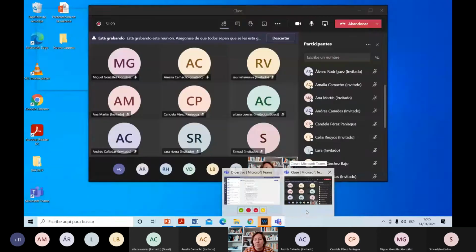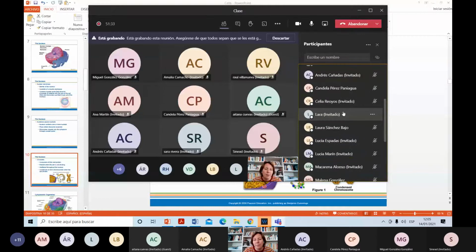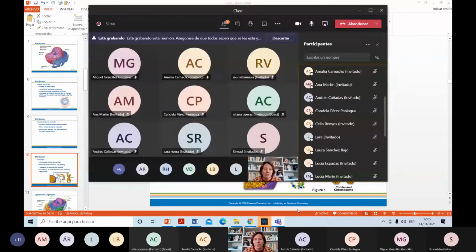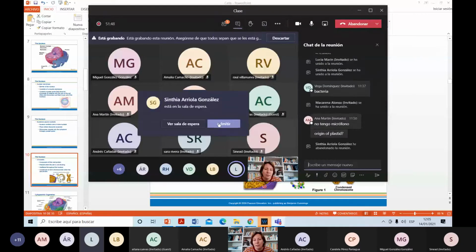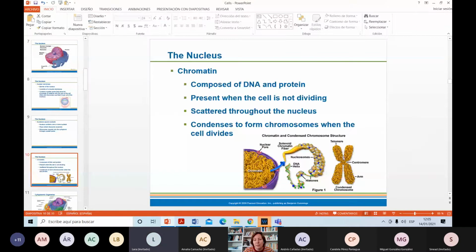Well, we've got the first question for the exam. This is going to be one question in the exam. Lara, for you, what's the difference between these two terms? Chromatin here and this one there. I don't know, that the chromosomes are formed in the chromatin?